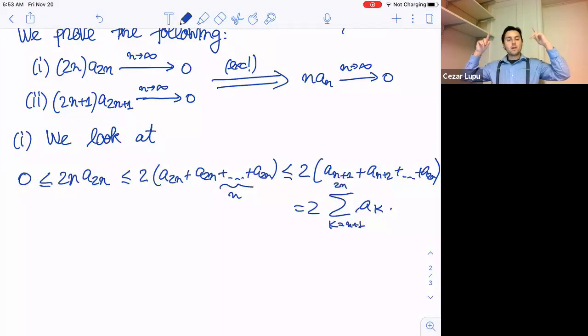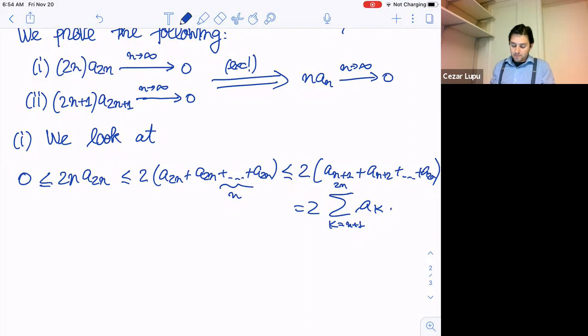Remember the Cauchy criterion: a series is convergent if and only if for all epsilon there exists an N epsilon such that for all n greater or equal than N epsilon, and for all p, we have that the absolute value of x sub n plus 1 plus x sub n plus 2 all the way to x sub n plus p is less than epsilon. So those terms, all starting from n plus 1, do not matter. So this is what happens here.